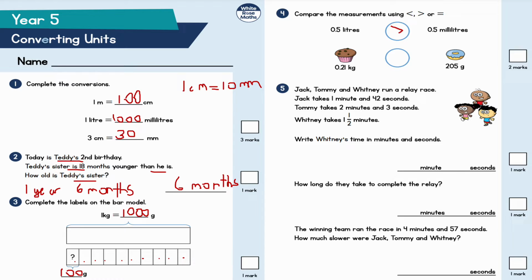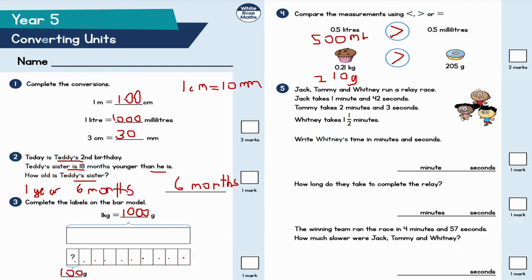Well, 0.5 litres is actually bigger than 0.5 milliliters because that's the same as saying 500 milliliters, and by definition 500 milliliters is bigger than 0.5, by the definition of place value. 0.21 kilogram and 205 grams, well, that's the same as saying 210 grams, if you multiply 0.21 by 1,000, because there are 1,000 grams in 1 kilogram, so this is bigger than 205.